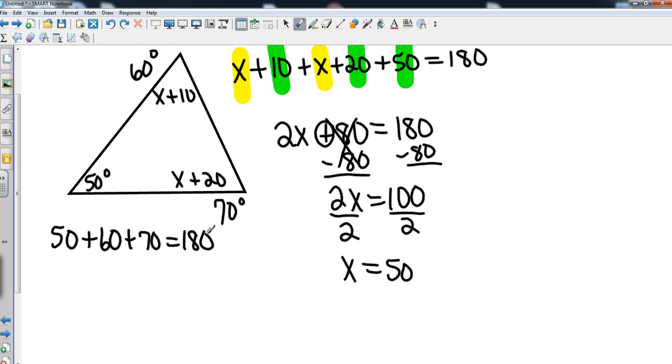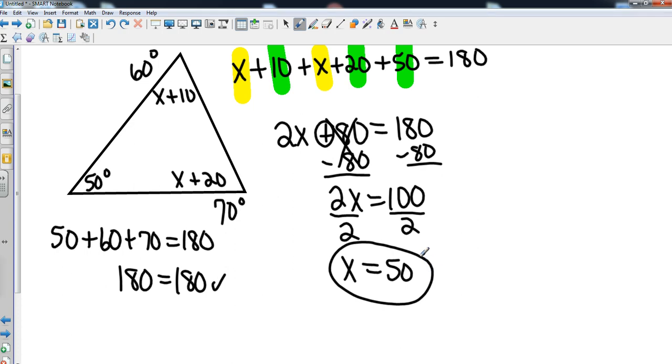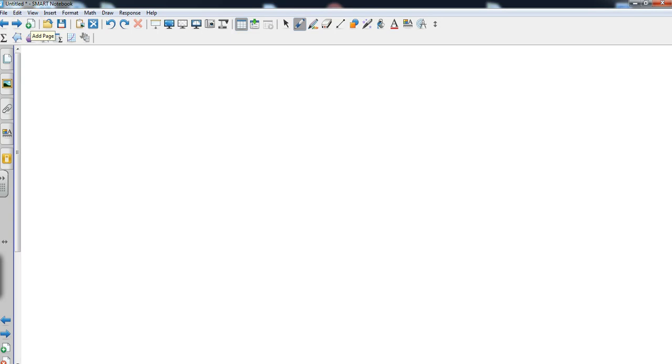And 50 plus 60 is 110. 110 plus 70 is 180. And so that checks. So x equals 50. Again, multi-step, very similar to Chapter 1, Section 3.